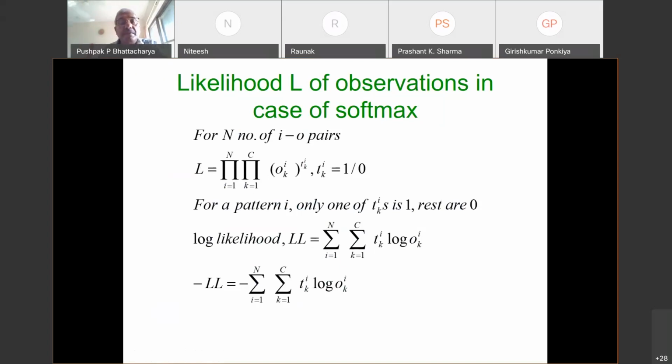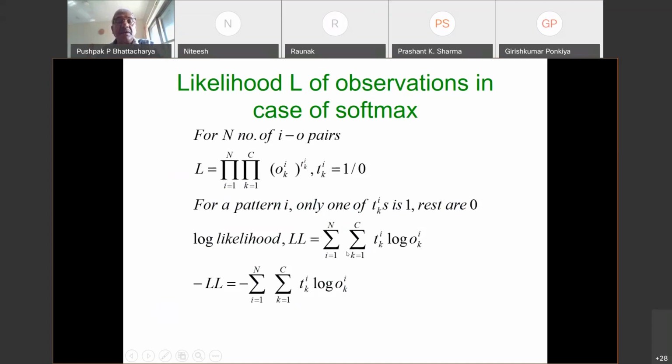And very simple mathematical operations like taking the log likelihood and taking the negative of the log likelihood show that the negative log likelihood is nothing but the cross entropy between the probability distribution indicated by t and the probability distribution indicated by O. So you can see that the likelihood expression is transformable to the cross entropy expression and vice versa by means of simple algebraic operations. So that's why minimizing minus LL is equivalent to maximizing L.